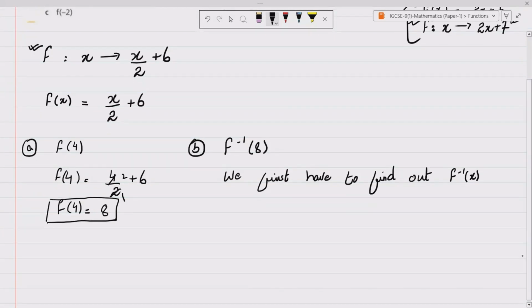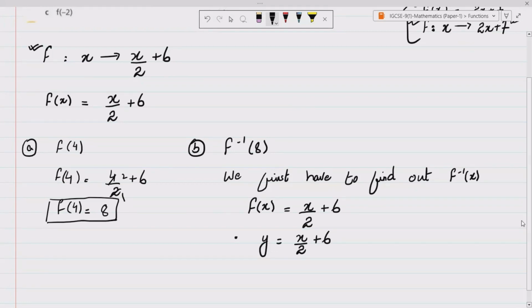So we have f of x equals x upon 2 plus 6. Now we know how to find the inverse. The first step: replace f of x with y, so y equals x upon 2 plus 6.